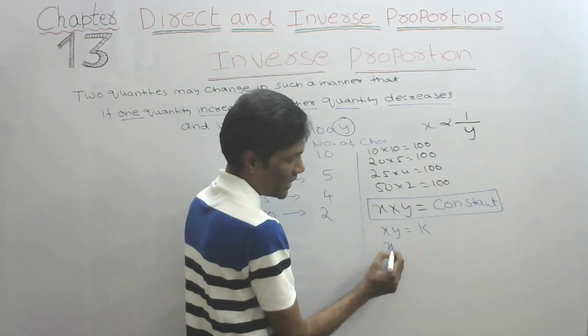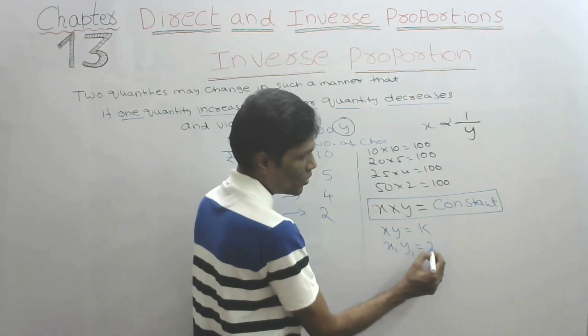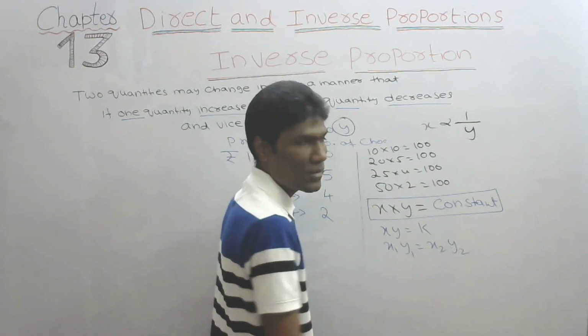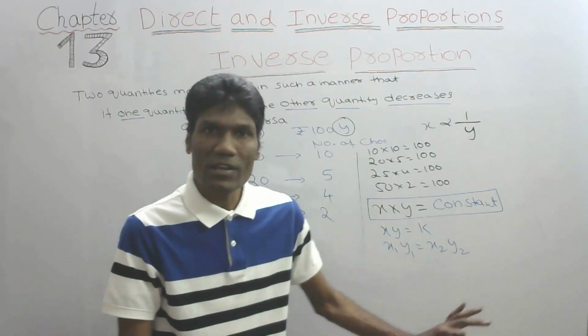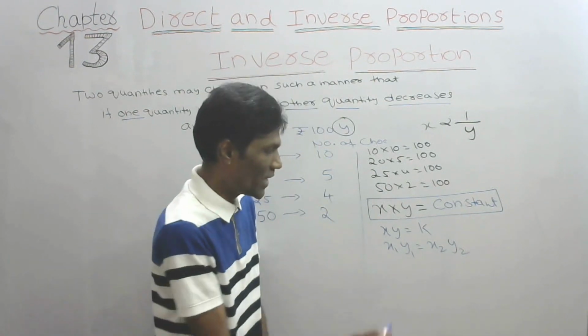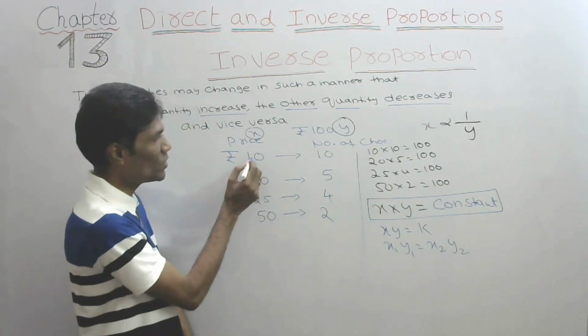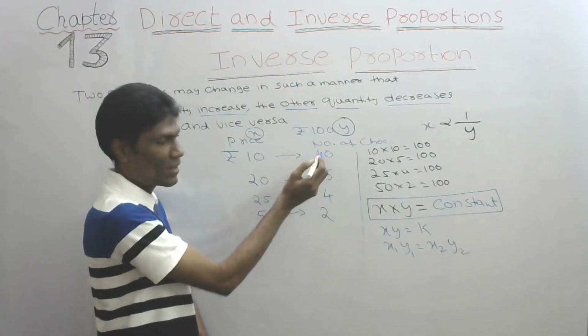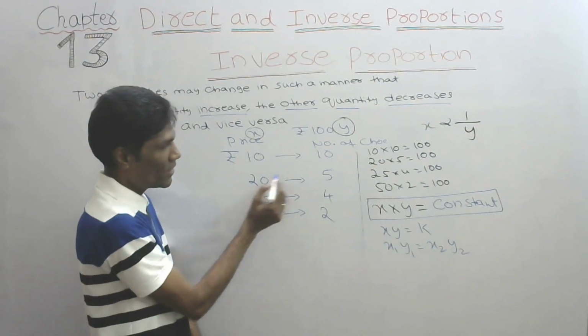So we take x1 y1 equals x2 y2, where x1 y1 correspond to these two numbers, whereas x2 y2 are these two numbers.